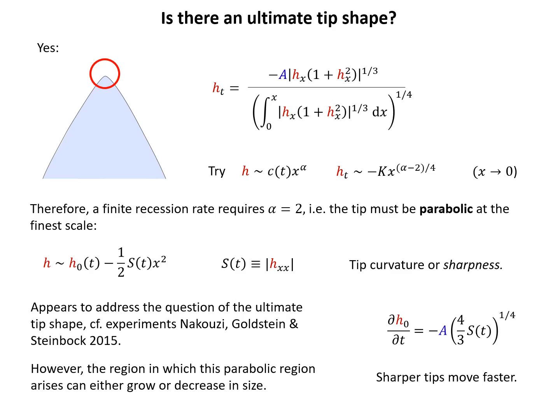So this appears to address, theoretically, the question of the ultimate tip shape considered by Nakouzi, Goldstein and Steinberg. You might be wondering what's special about a parabola. It turns out that a parabola is the special shape for which a free convective boundary layer of the kind we're considering here predicts a locally smooth recession speed around the tip.